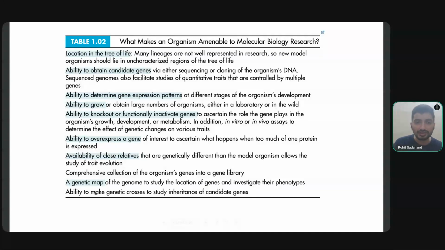And once we are doing all this work, we make a genetic map, we locate the various genes on each of its chromosomes, and then we make all this work available for everybody so that anybody can work on this organism and expand the collective knowledge that we possess.